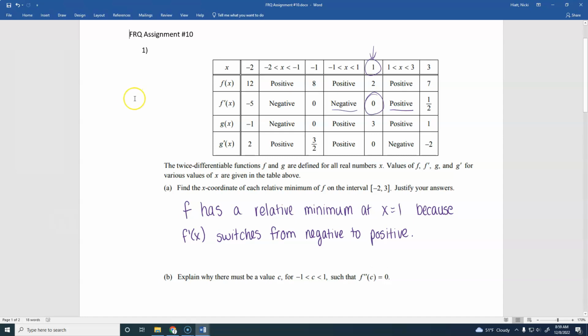Okay, questions on that? That's all you got to do for that one. You do have another critical point here, but you don't switch signs.